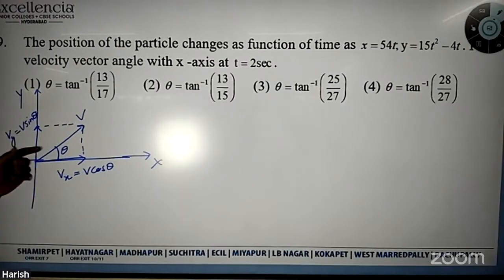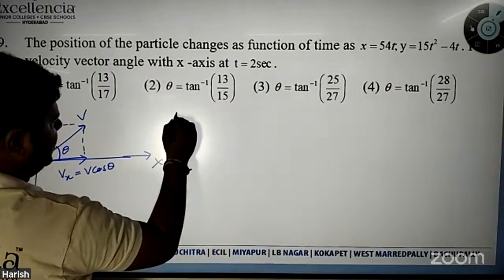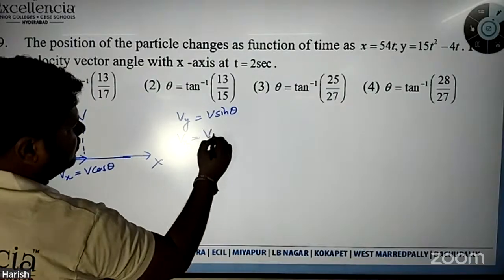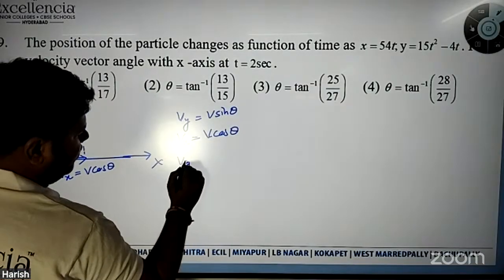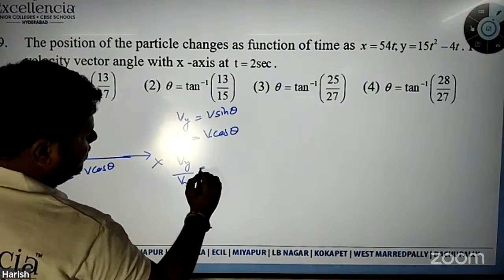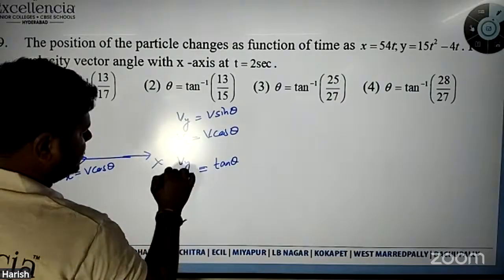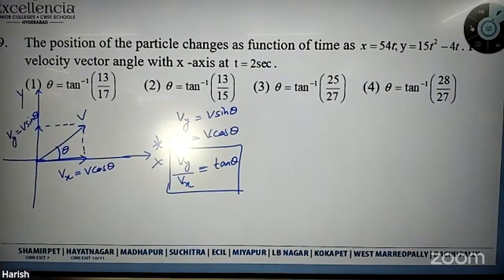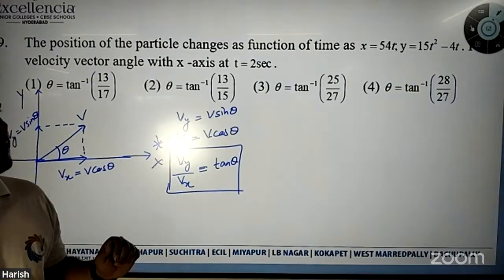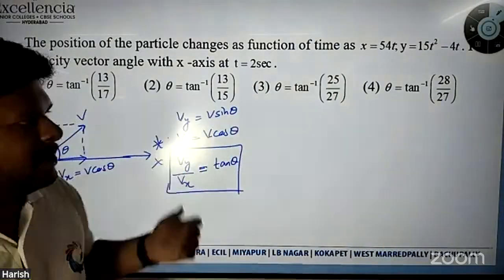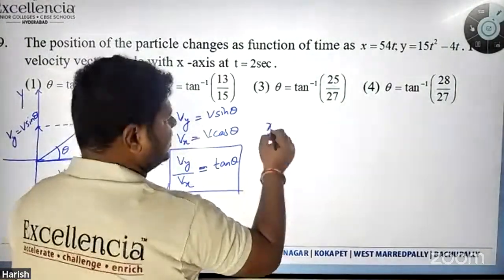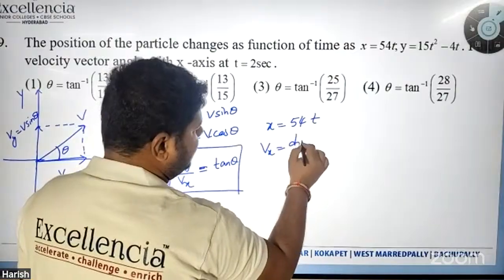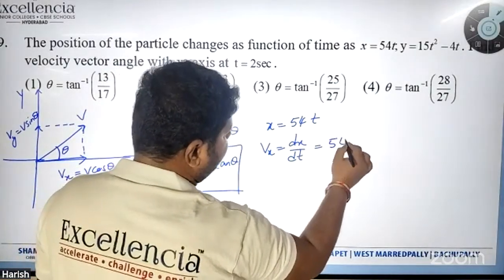If you want to find the theta value, Vy is V sin theta and Vx is V cos theta, so Vy by Vx will be tan theta. Why do this? Because I can find Vy and Vx. Displacement along the x-axis varies as x equal to 5t, so Vx, which is dx by dt, will be equal to 5.